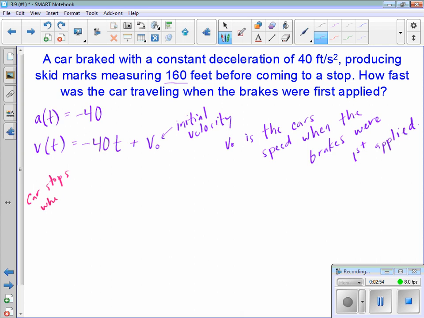When the velocity is equal to 0. So let's set this velocity equal to 0 and find the time when the car stops. We can't find the exact time, but we can find it in terms of this. So let's find when v of t is equal to 0.